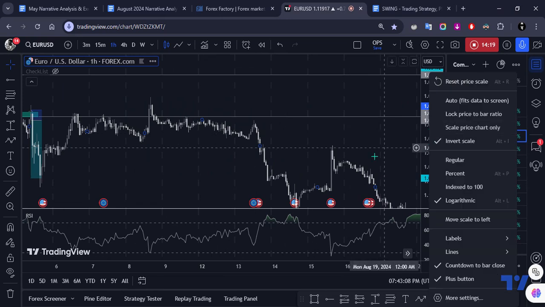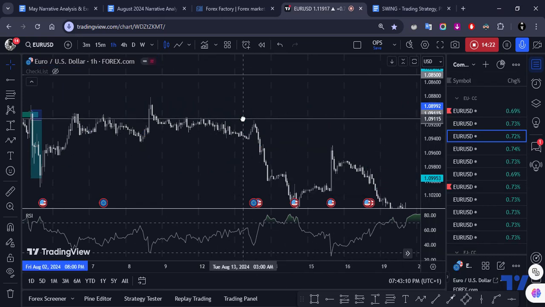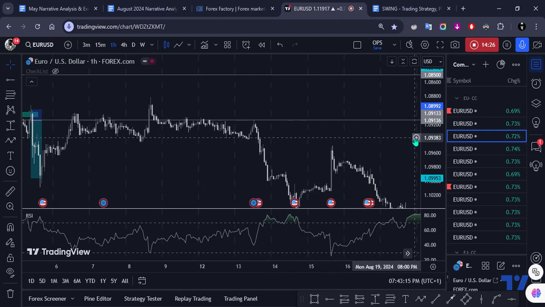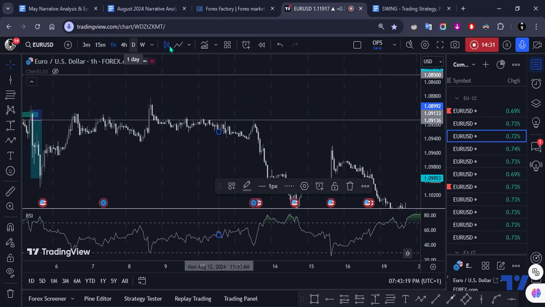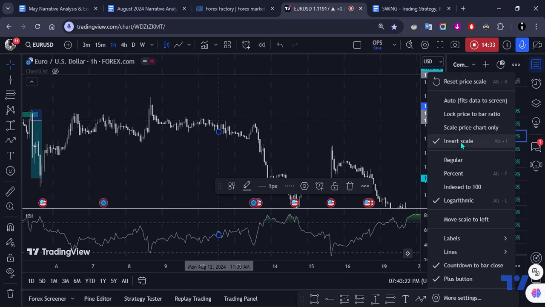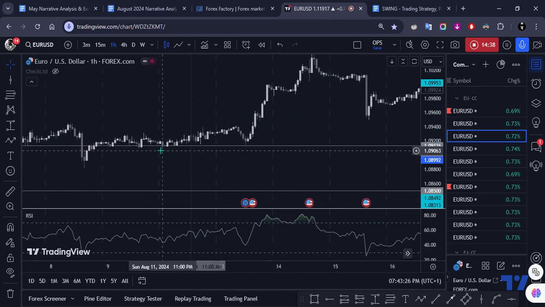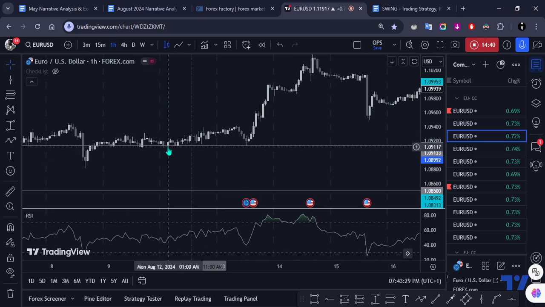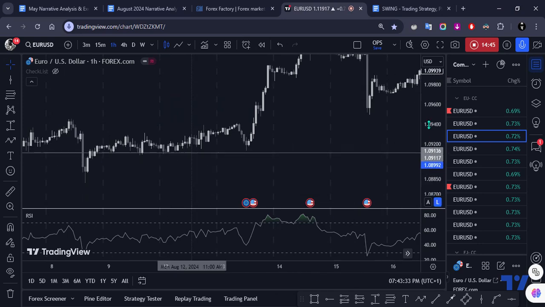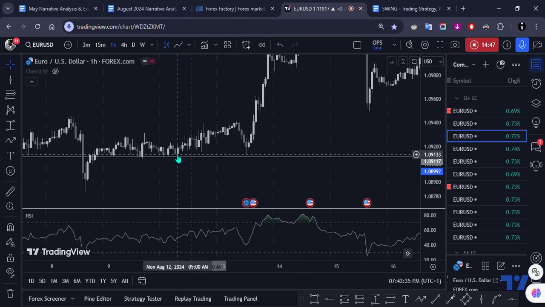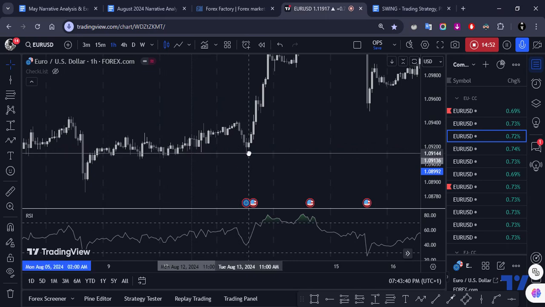We have to check something out, because I'm seeing something here. Let's move on. Price failed to bounce at that spot. And there is another one here.